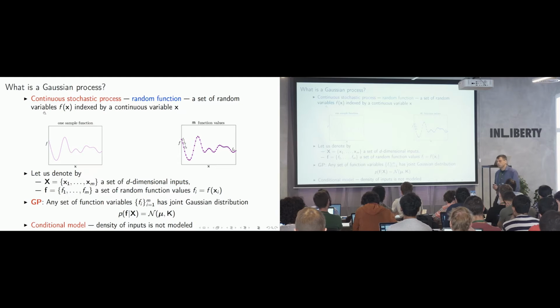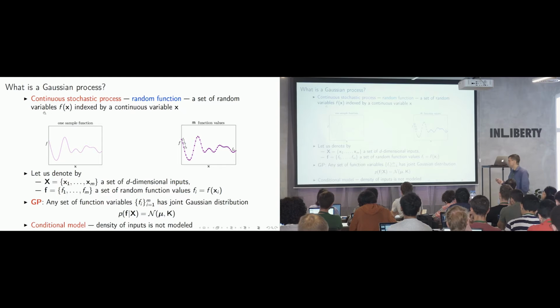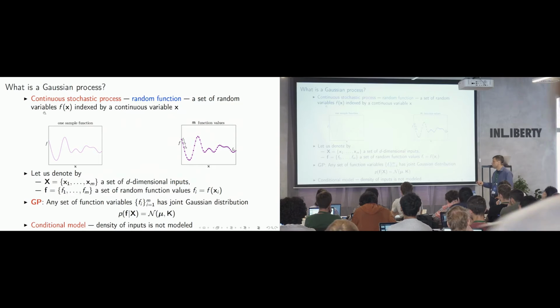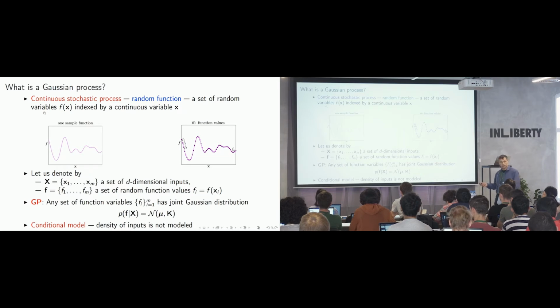And in order to impose prior assumptions on the function, we assume that the function we would like to recover from noisy data is actually a trajectory of a Gaussian process. And according to the definition, that means that for any fixed set of input values, the set of corresponding output values is a Gaussian random vector with some mean value and some covariance matrix K capital.